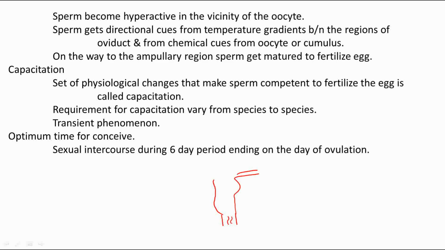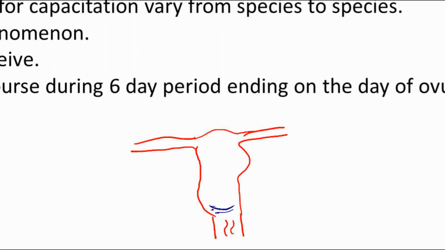Oh, my uterus shape is not perfect. No problem. These are the oviducts. And the first hurdle is the thick cervical mucus. Thick cervical mucus is the first hurdle that it needs to manage.